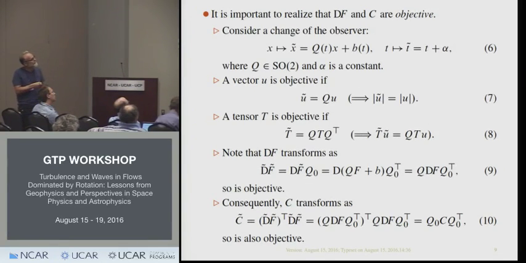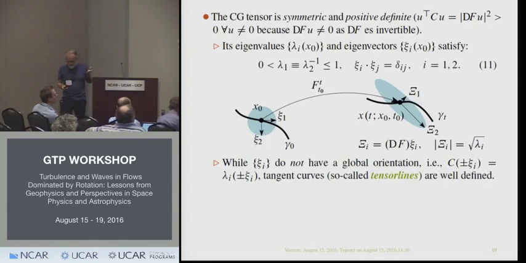An objective vector is one such that any observer would see the vector with the same size, but oriented differently. In order for that to happen, it should follow the standard rule of vector transformations, and a tensor should follow the standard rule of tensor transformation, with this Q, this matrix, and Q transpose. These two things change under that. So we have a frame-independent description of stretching of a material curve.